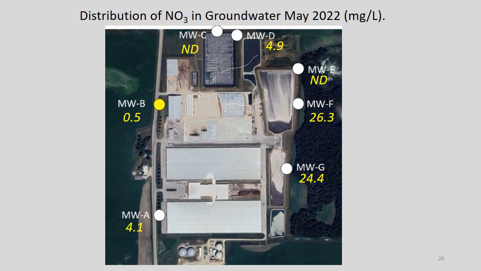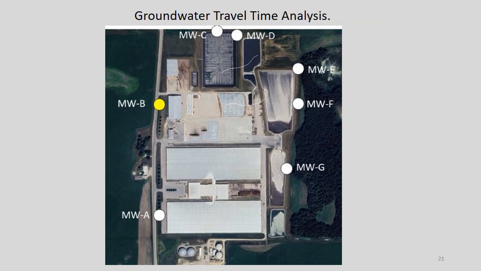So here's the distribution of nitrate in May 2022. We've got these high levels of nitrate on the east side, low levels on the west side. So how did that get there? That's the groundwater flow as we knew it.